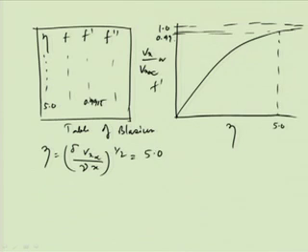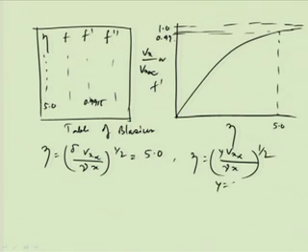We have seen that eta expression is basically y into V x infinity by nu x, whole to the power half, and here y is equal to delta.